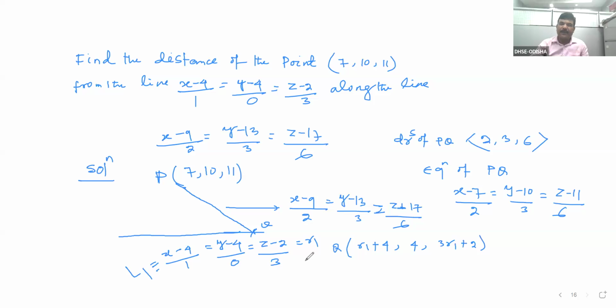And the coordinates of the same point Q according to PQ: let this proportionality constant be R2. Then coordinates of Q are 2R2 plus 7, then 3R2 plus 10, then 6R2 plus 11, right?